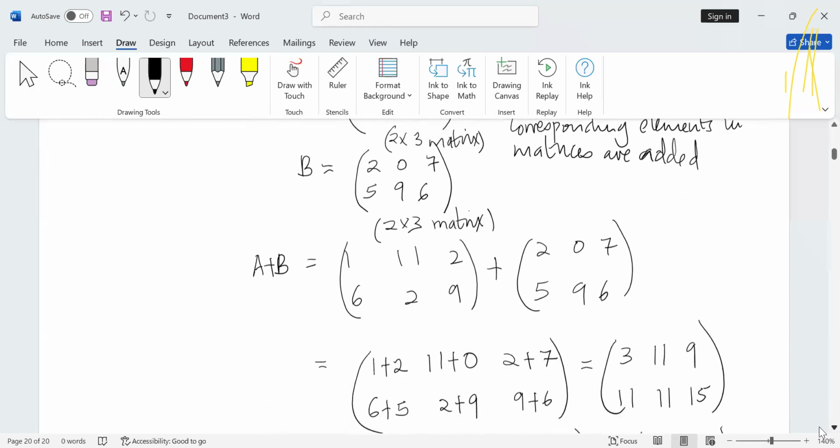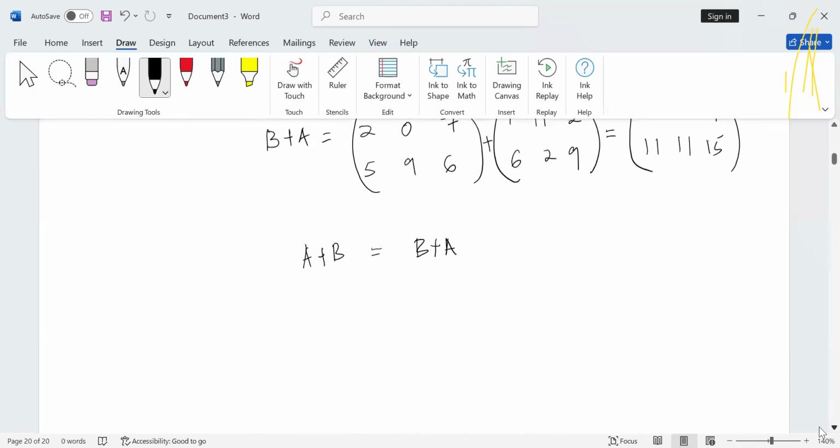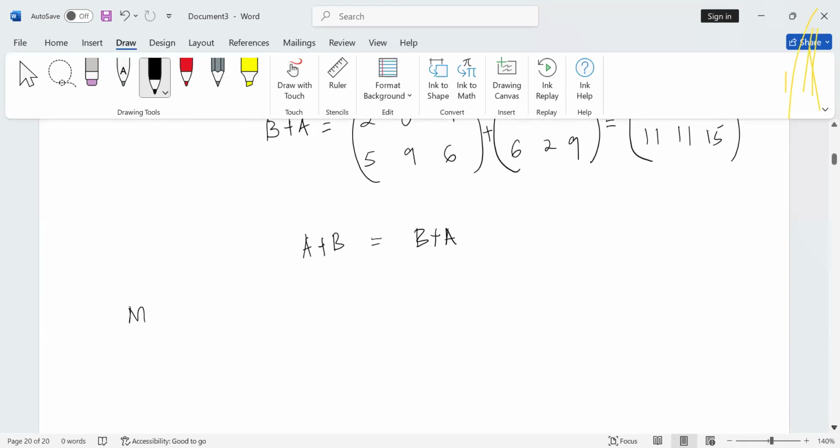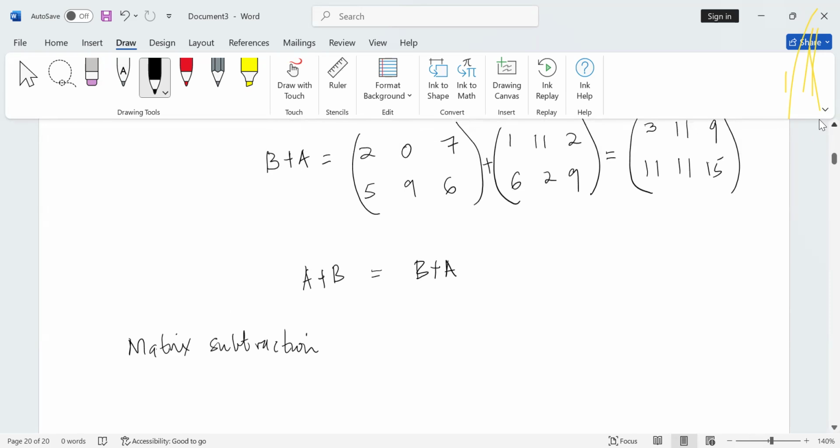When we look at matrix subtraction, we're using the same thing.